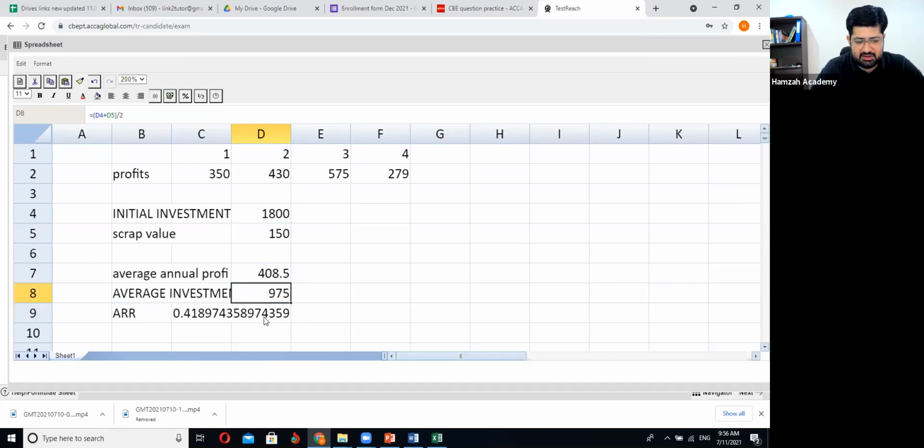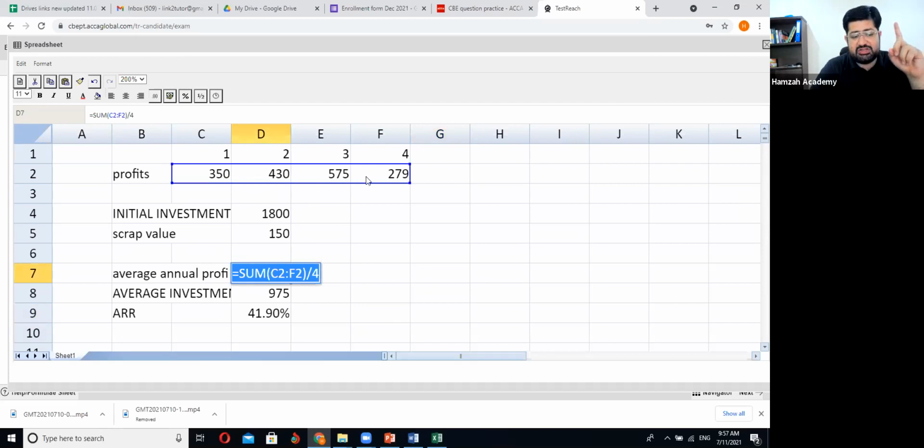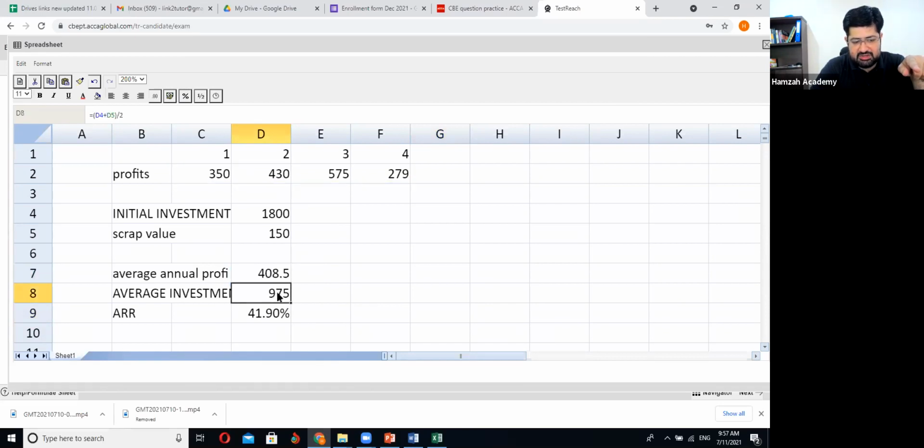We can do the percentage in another way. This is the answer, average profit divided by average investment, and we can convert it into the percentage from here. I repeat what we did. We calculated average annual profit, then average investment. Added both, divided by 2. And then this divided by this, and then percentage.